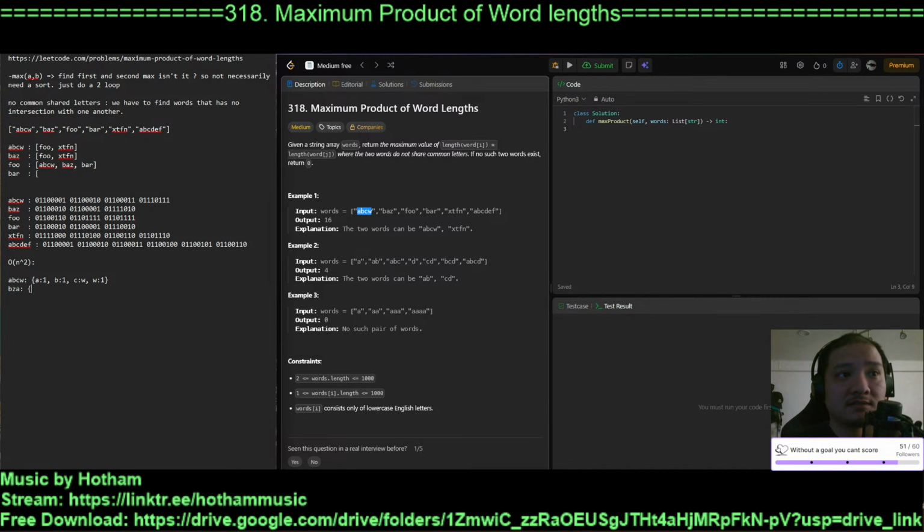BAZ has B1, A1, Z1. So we have a common.